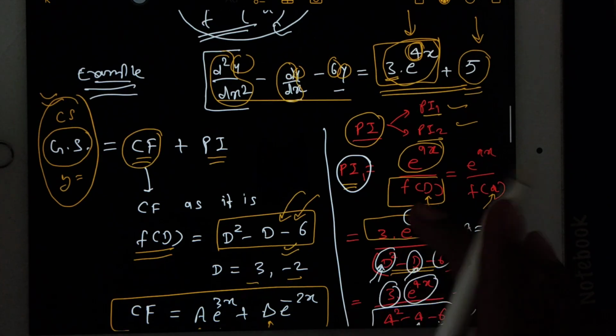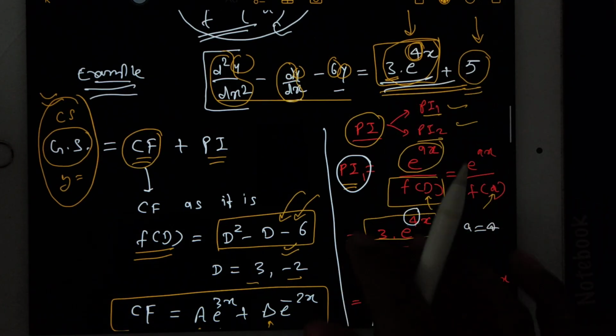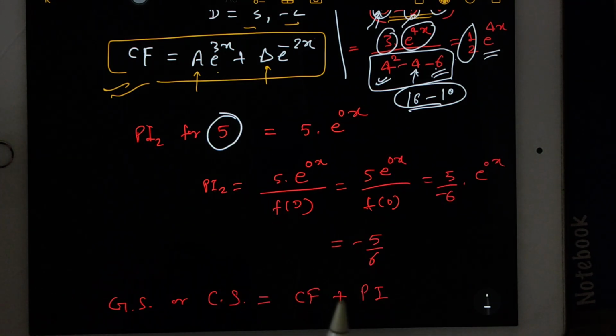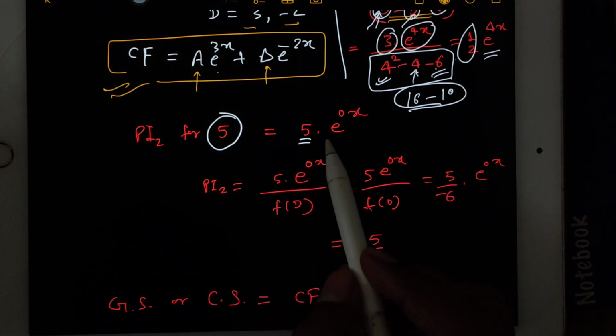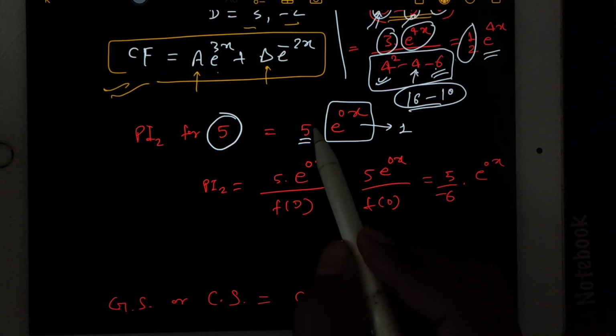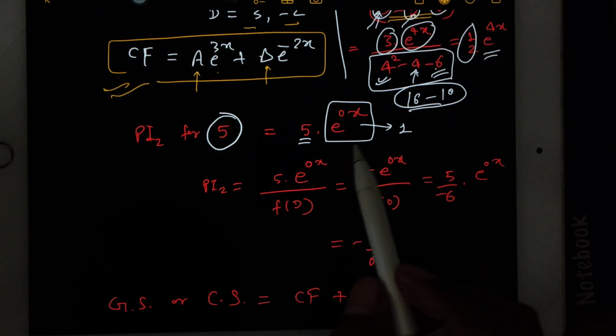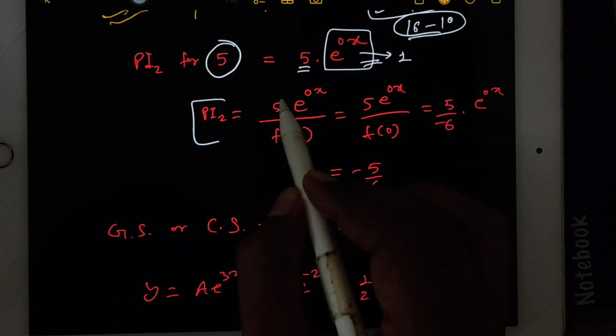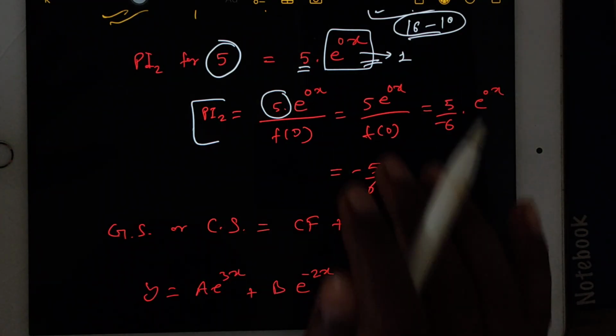PI1 and PI2, because two things are there to calculate PI. Now how will you calculate the 5? Always remember, whenever any constant number is standing alone, you can consider it as multiplied with e power 0x. Because e power 0x will become 1, so 5 into 1 is 5. Now e power 0x, how will you solve? Same thing, PI2. 5 is in multiplication, so we are not touching anything.